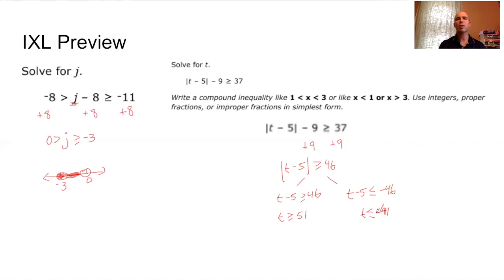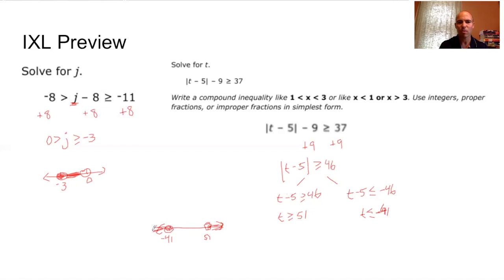But anyway, then you would make it a compound inequality. So I guess this is the form they want. If I were to draw this on a number line, you've got your 51 and your -41. So t is greater than or equal to this, and t is less than or equal to this.